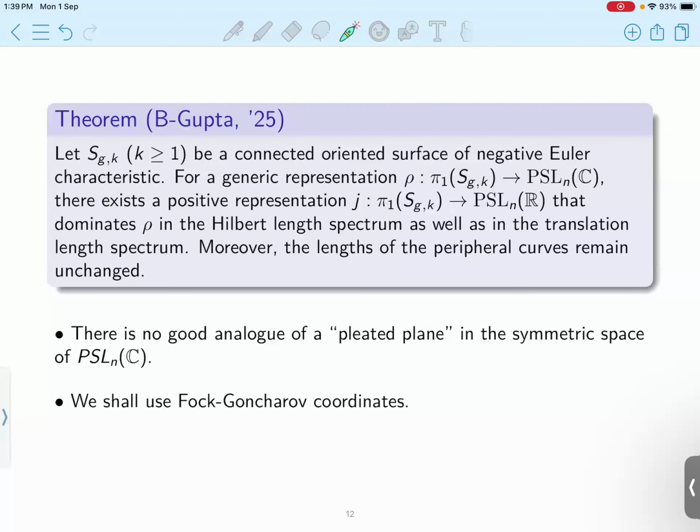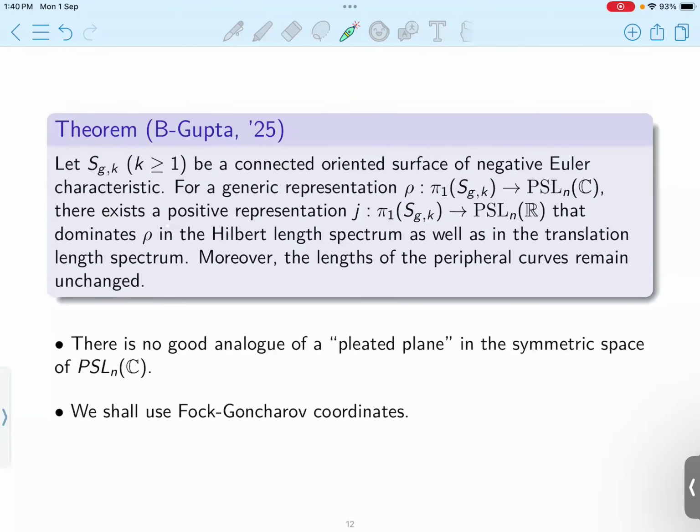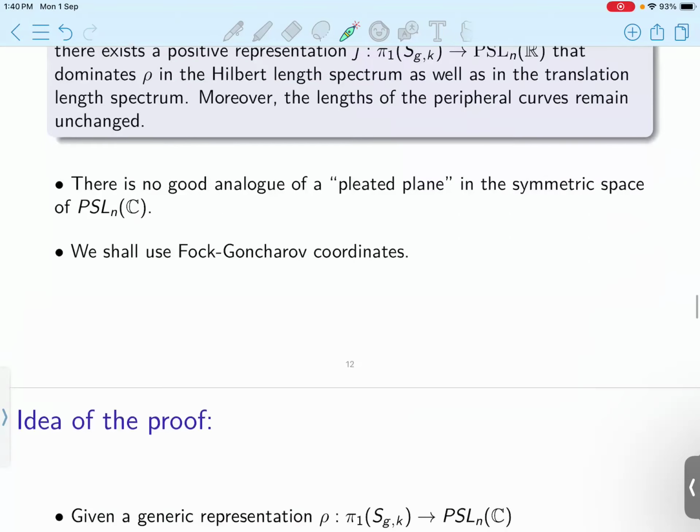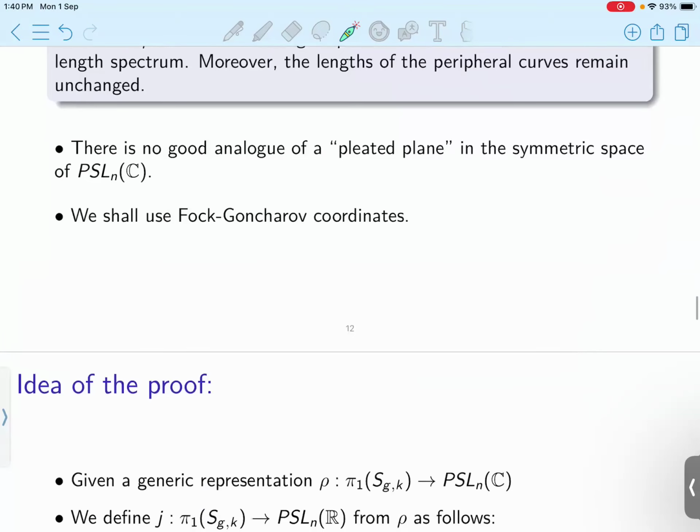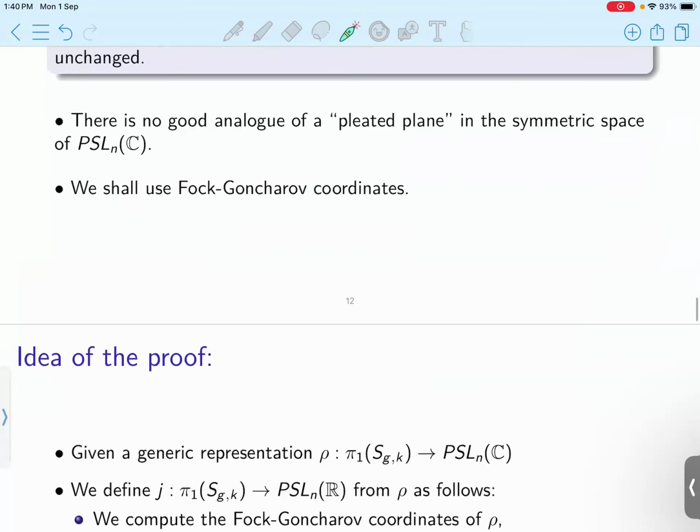Again, let me just explain what I mean by a positive representation. These are the representations that have Fock-Goncharov coordinates real and positive. So if all the Fock-Goncharov coordinates of a representation are real and positive, we call it a positive representation. Now, let me give you a brief idea of the proof.